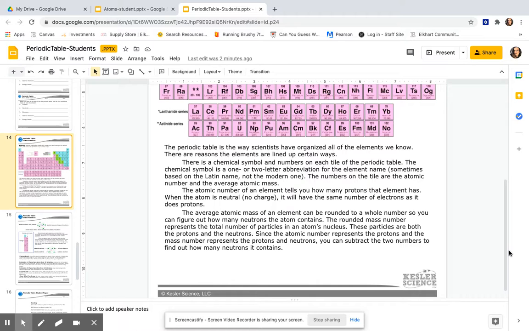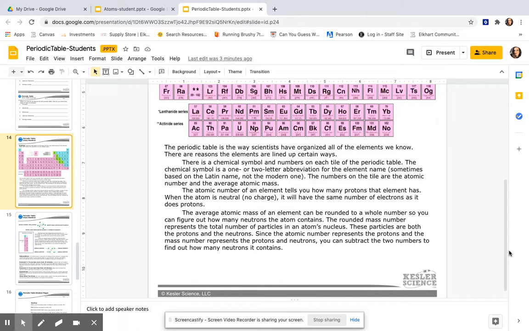The numbers on the tile are the atomic number and the average atomic mass. The atomic number of the element tells you how many protons the element has. When the atom is neutral with no charge, it has the same number of electrons as it does protons.